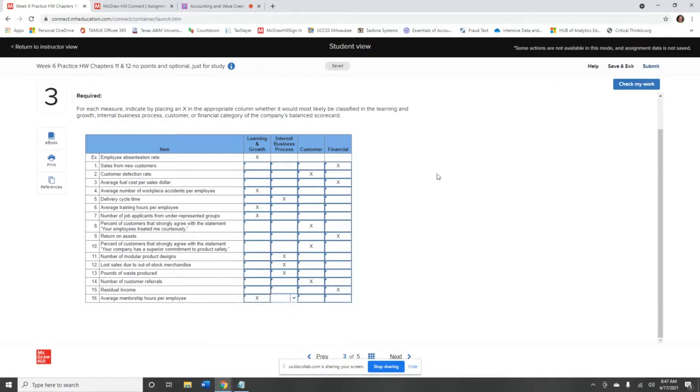I think the only items that it's kind of easy to get confused with are whether it's financial or something else, because sometimes they'll put it in terms of a financial measure, and so it can seem a little confusing. But it's kind of about what we're measuring. Are we measuring the process?